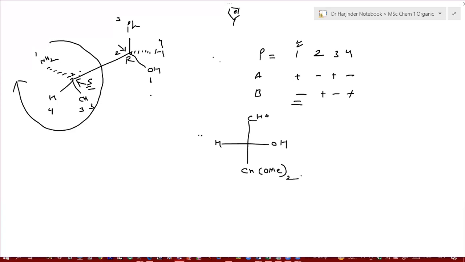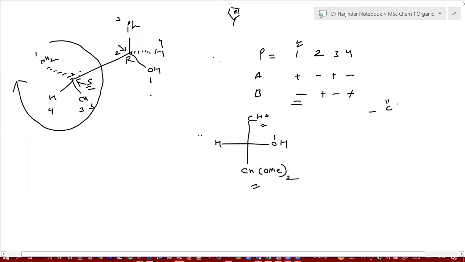Why is it S? First priority will be given to which group? OH. Second priority? Out of these two, which one will get second priority? So here you have a C and here you have this one.